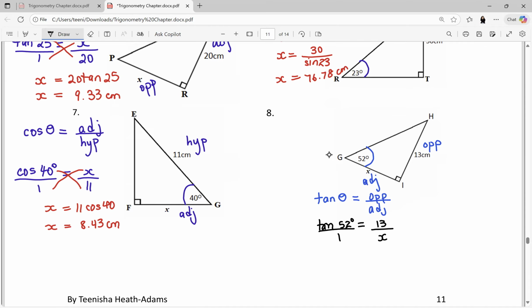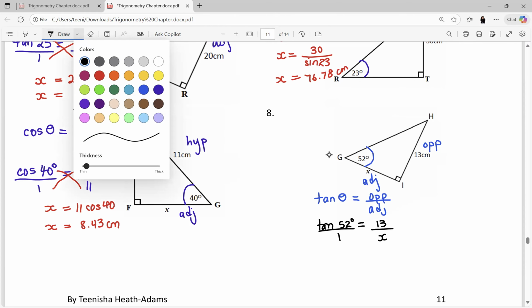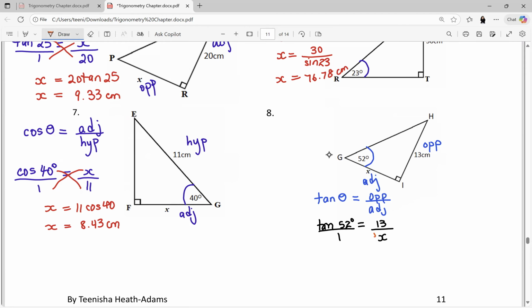So to rearrange to make x the subject, you have to divide 13 by tan of 52. Algebraically, it looks like this. Well, x times tan of 52 is equal to 1 times 13. Therefore, x is equal to 13 divided by tan of 52.